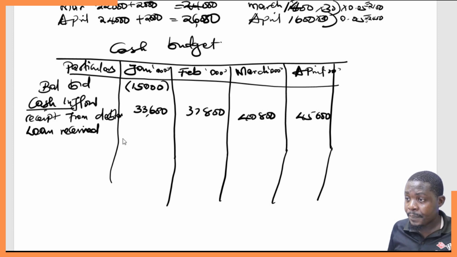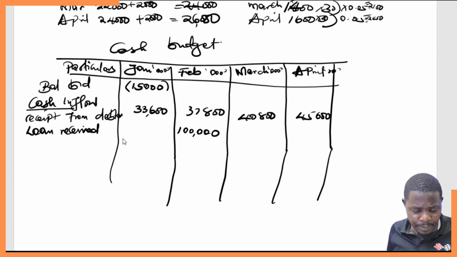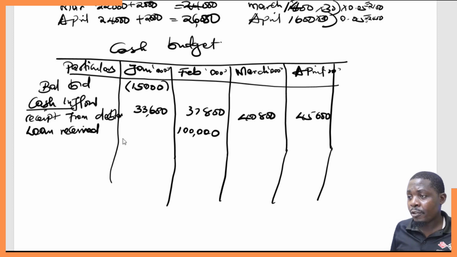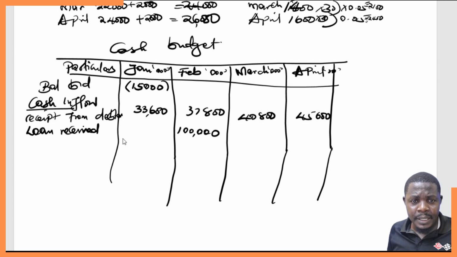Early February, we are going to receive 100 million, sorry. Interest on the loan at the rate of 1% per annum is charged from February. Now from February, we are going to calculate the interest on this amount. Anything else that we received?